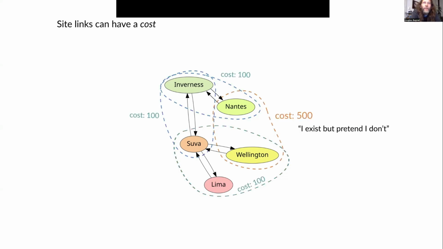And you can also put a cost on a site link. These links are way above the physical layer, right? They all know each other's addresses, DNS addresses, I guess, and they're just deciding which ones to talk to.